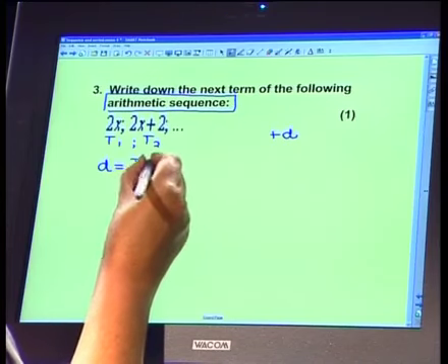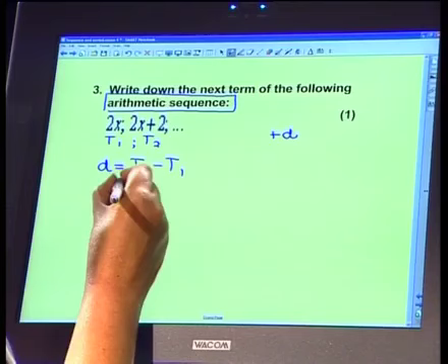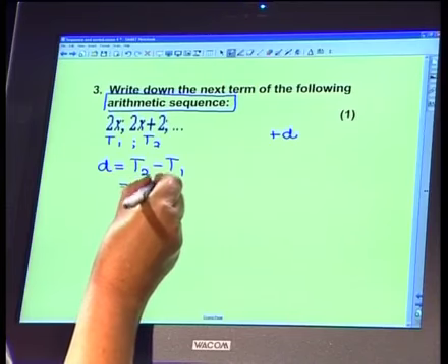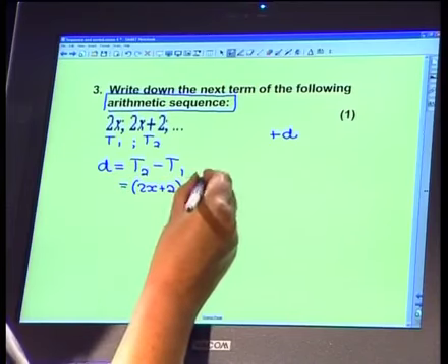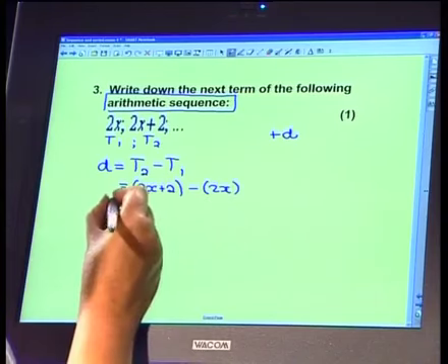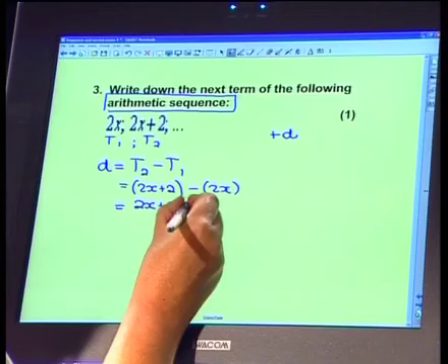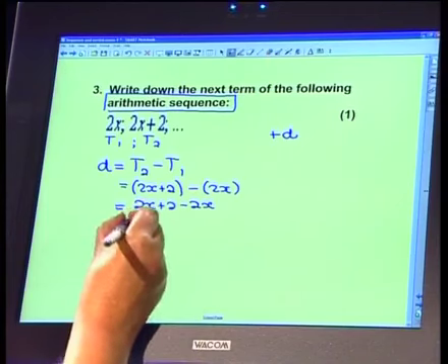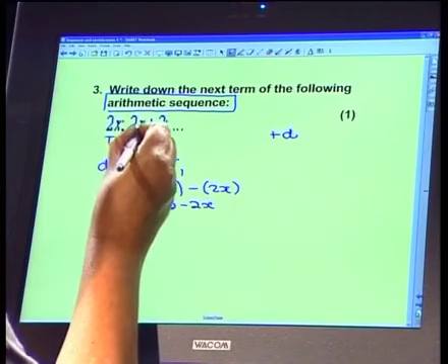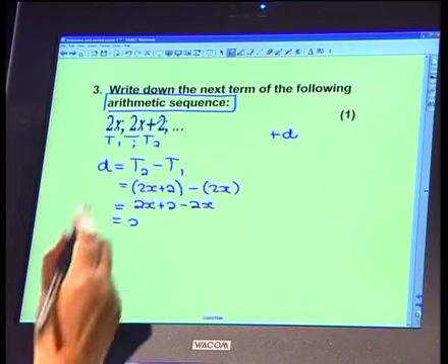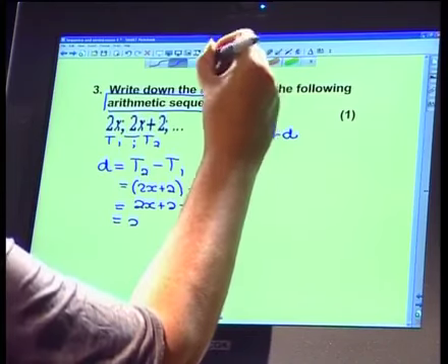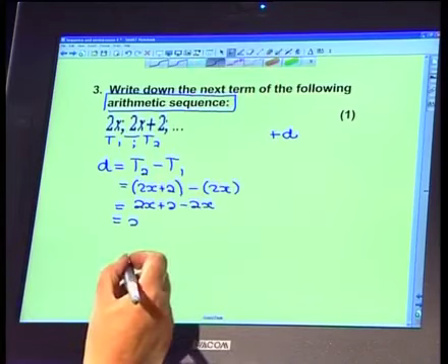It's going to be term 2 minus term 1, which is going to be 2x plus 2 subtract 2x. Right, doing that, I'm going to get 2x plus 2 minus 2x, which works out to be 2. But you could have just looked and seen, okay, hang on a moment, to go from here to here, added on 2.